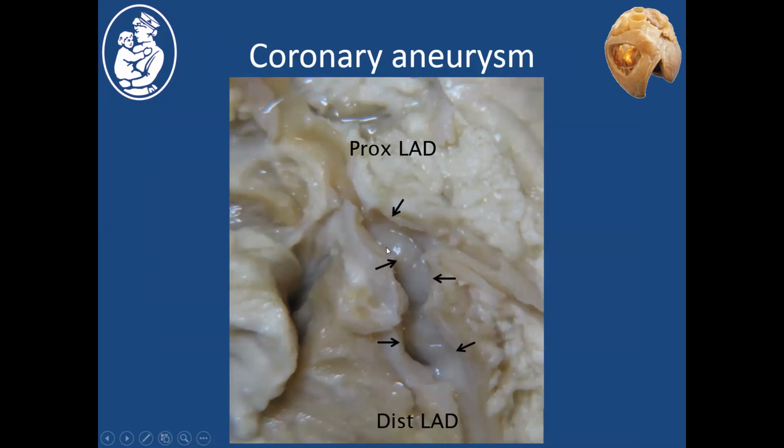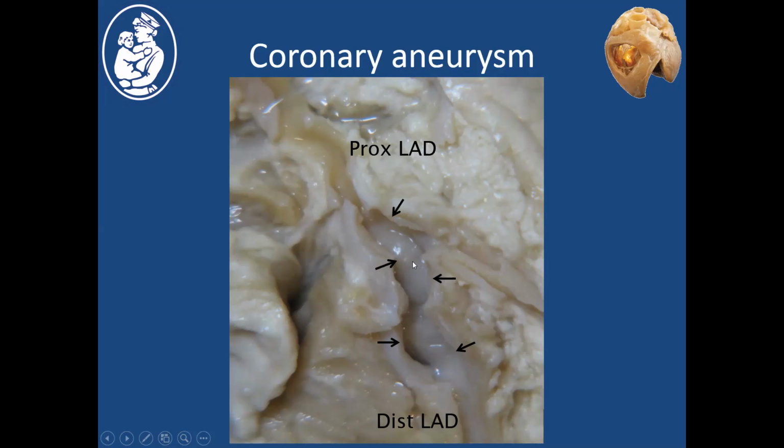fusiform aneurysm. You can see the normal anterior descending up here and the more normal anterior descending distal. And then look at this segment in here that's a little bit dilated. It's not very dilated. It's a few millimeters, but it's bigger than the native vessel. But the main thing to notice is this shiny, glistening white surface here. This is fibrosis.